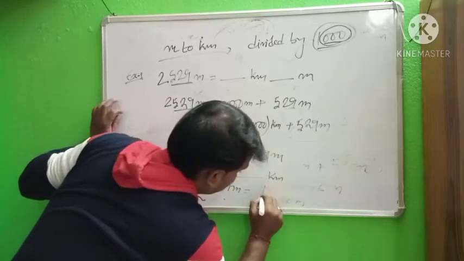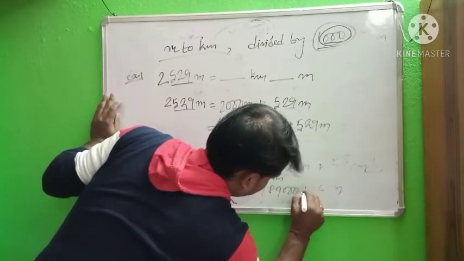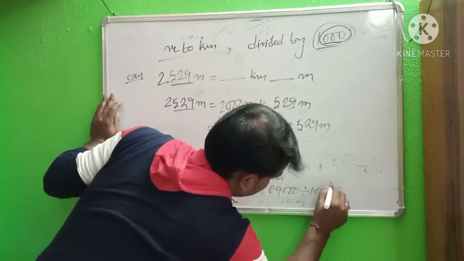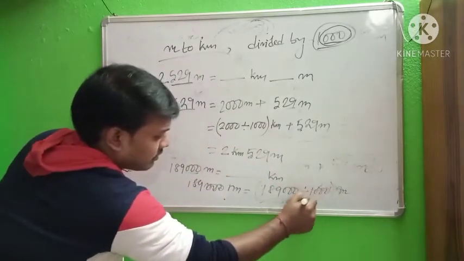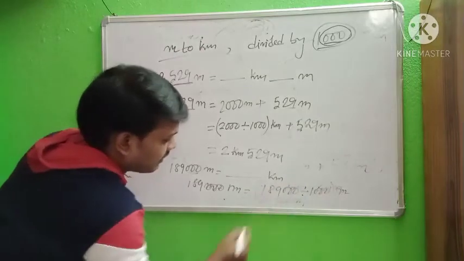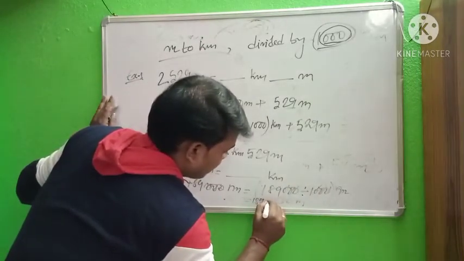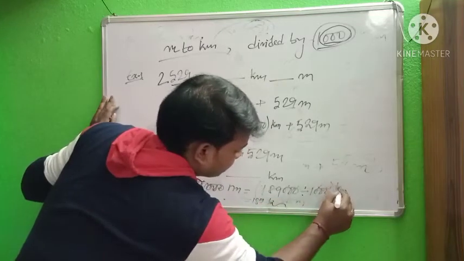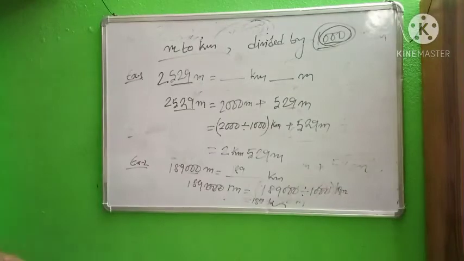If we divide it by 1000, then it becomes kilometer. 000 divided by 1000, so the last three zeros will be cut. So 189 meter becomes 189 kilometer. So what is the answer? 189.